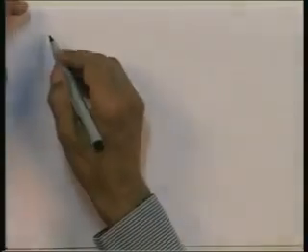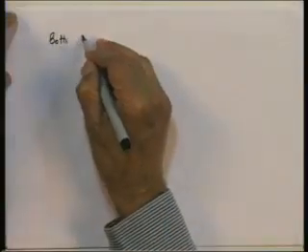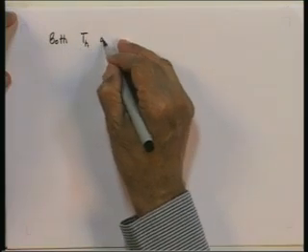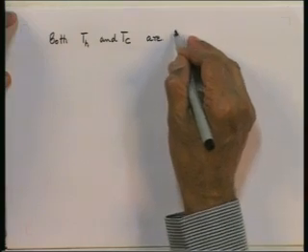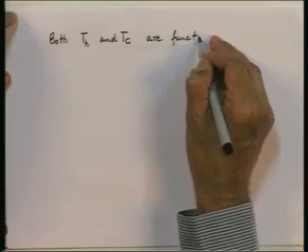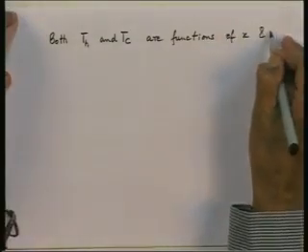Now, let us write down the expressions that we get and see how far we can go. So, let me first make a statement. For this case, cross flow, both fluids unmixed, both TH and TC are functions of x and y.